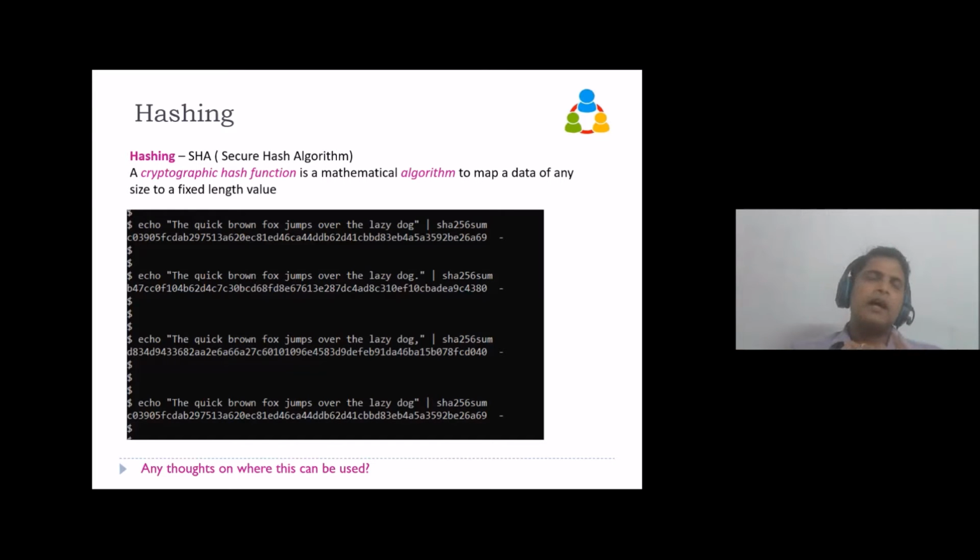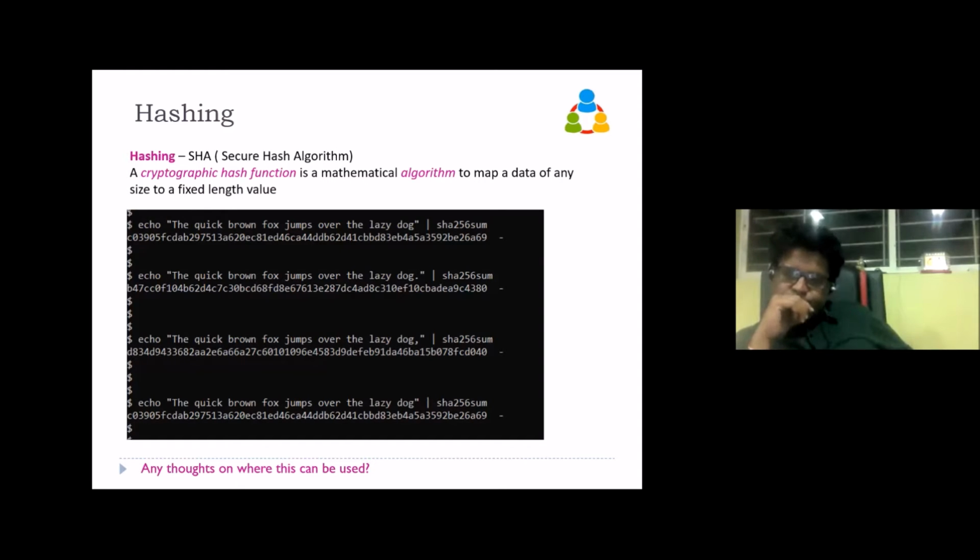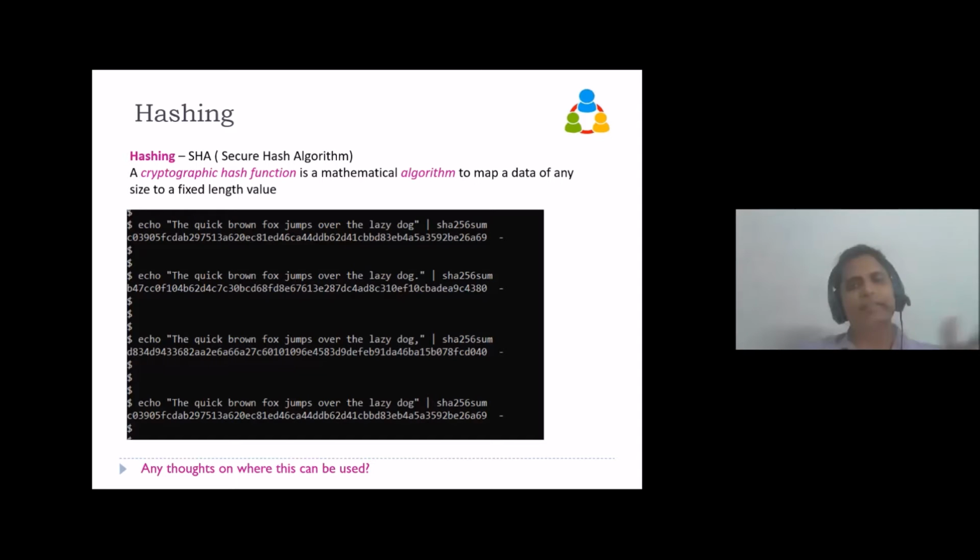After 20 years you come and check, calculate the hash of that file, and if it is different from the stored hash, you can be sure that somebody has modified the data in the file. So hashing is essentially to check whether the data is the same as before, or whether data has been modified during transmission. Make sense? Yeah, got it.